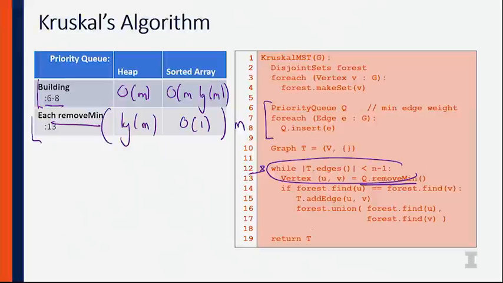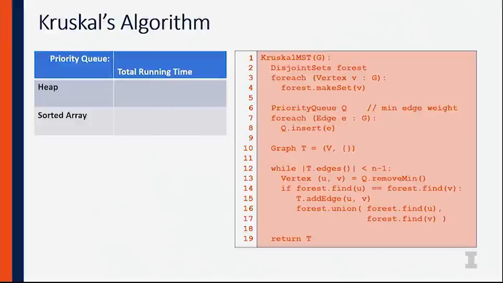What we know is that after building a forest of elements inside a disjoint set, we're going to have to build a priority queue and then loop through removing min a total of m times the cost to remove min. So for the heap, we know that it was m time to build the heap, but it's going to be m times log m time to go about removing the minimum element a total of m times.